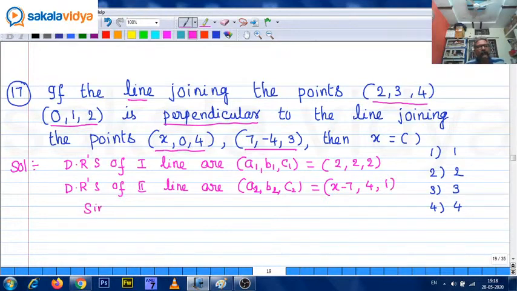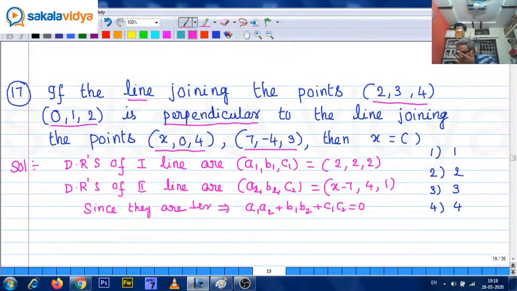Since they are perpendicular, the condition to be satisfied is A1 A2 plus B1 B2 plus C1 C2 should be equal to 0, or the dot product is equal to 0.